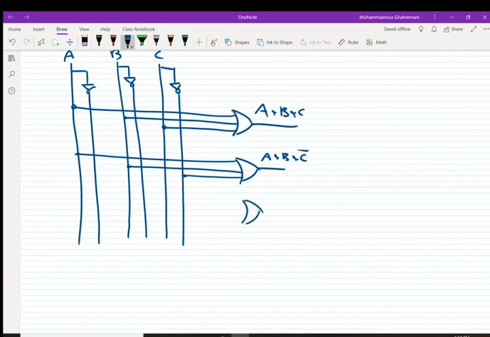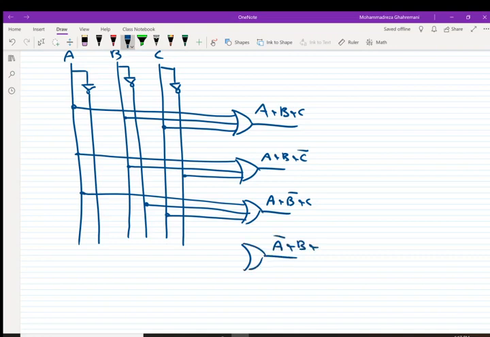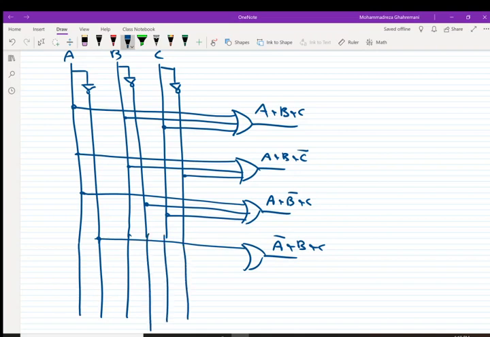The next one is A plus B bar plus C. So we get A, we get B bar, we get C. The next one is A bar plus B plus C. So we get A bar. Let's extend these lines. We get A bar, we get B, and we get C.